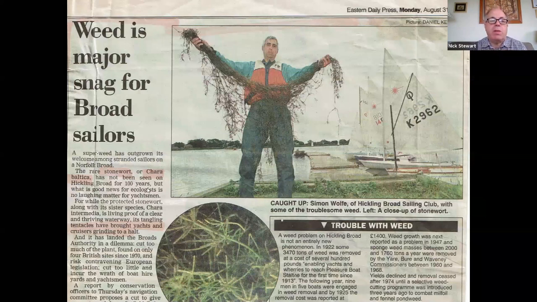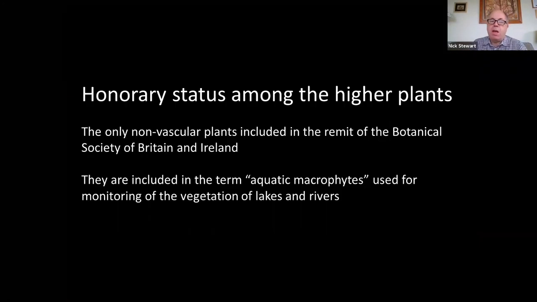And it's because of this size and complexity that they have an honorary status among the higher plants. They're the only group of algae within the remit of the Botanical Society of Britain and Ireland, and probably that dates right back to the early days of the Botanical Society, and I think it was due to a name that would be familiar in Ireland, Alexander Moore.